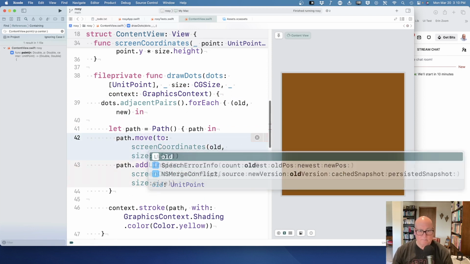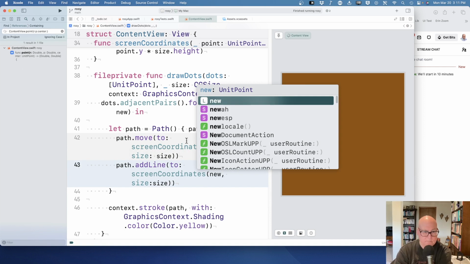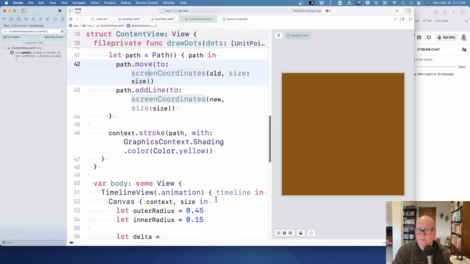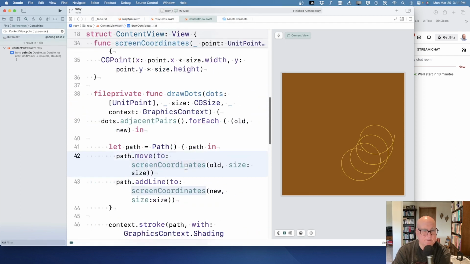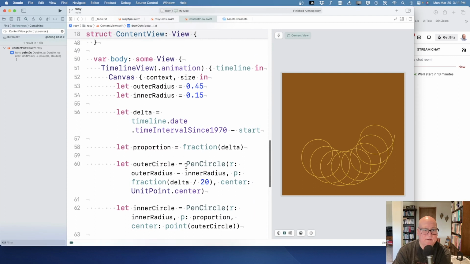And then old and new are both points now, so this should go away. Old and new. Is that going to do it? Okay, I'm going to put a faster number in here. All right, slightly faster.